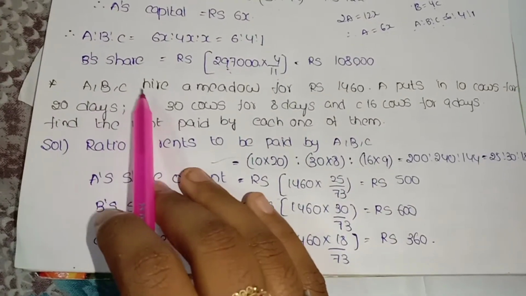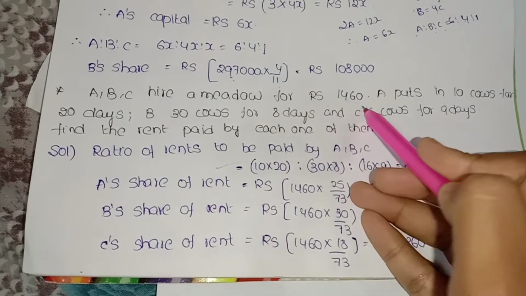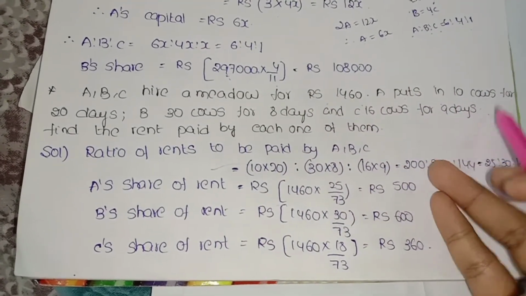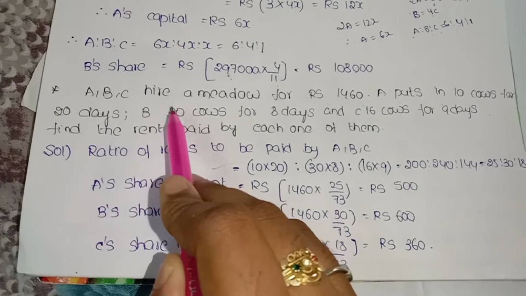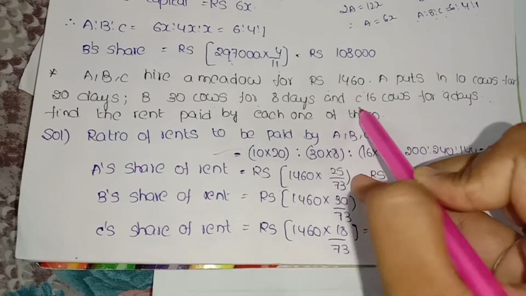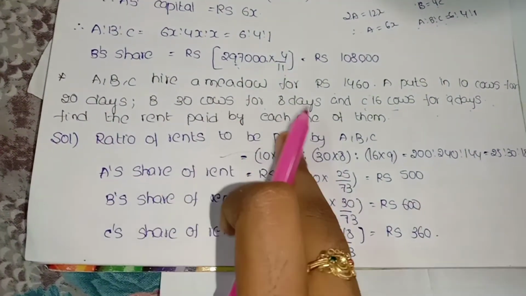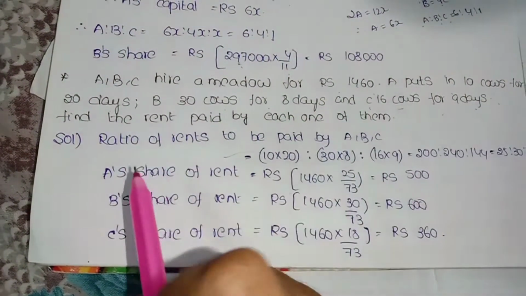Next one: A, B, C hire a meadow for Rs 1460. A puts in 10 cows for 20 days. B puts in 30 cows for 8 days. And C puts in 16 cows for 9 days. Find the rent paid by each one of them.